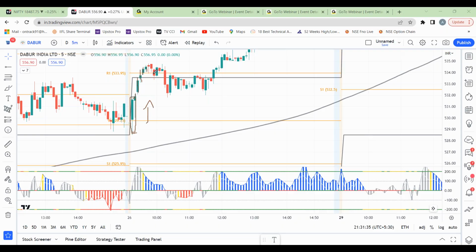You have to wait. You can see Woodies, here it is coming to sell. What is the condition? Stock has to trade below pivot, below 200 period moving average. So none of the parameters are matching to enter sell. It is still in buy. Above 200 moving average, trend is buy.